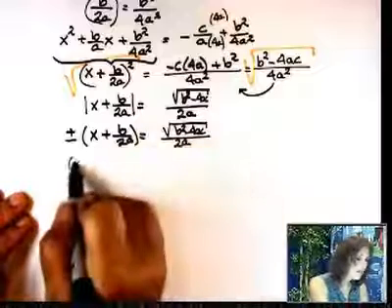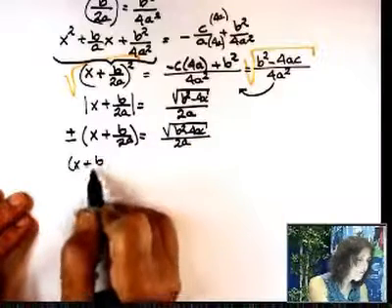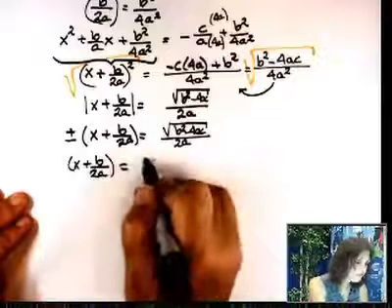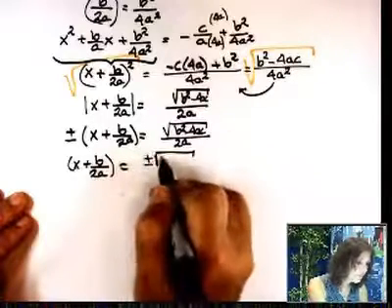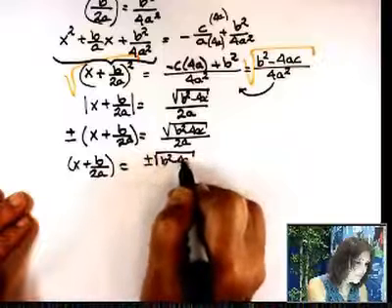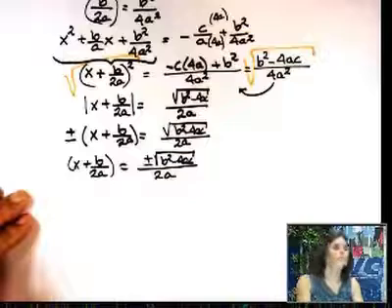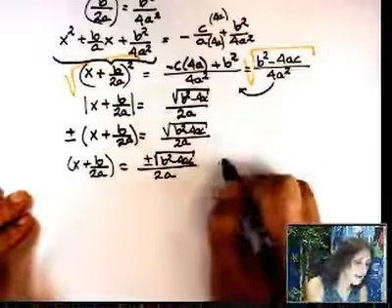Move the plus or minus to the other side. Then move b over 2a to the other side.